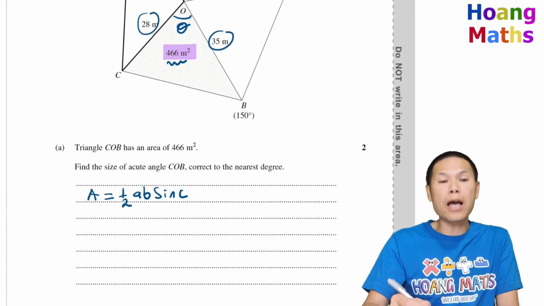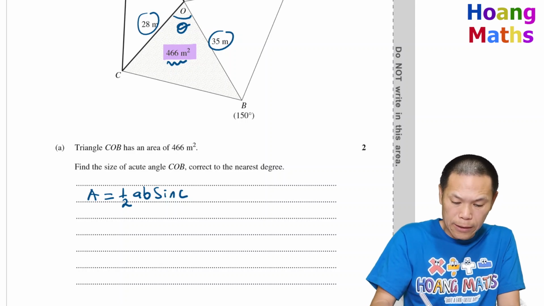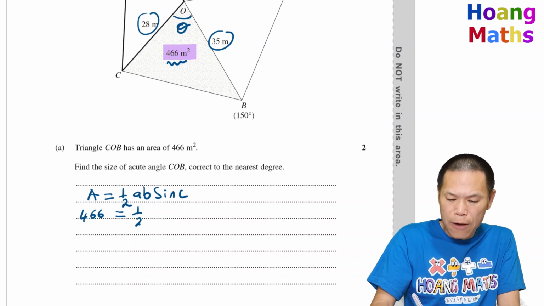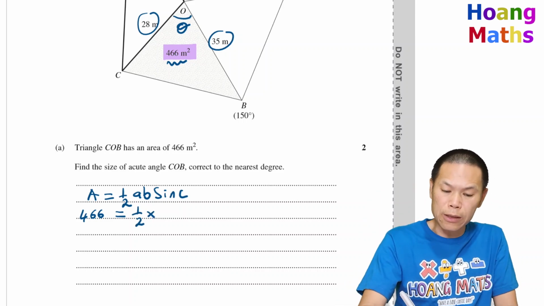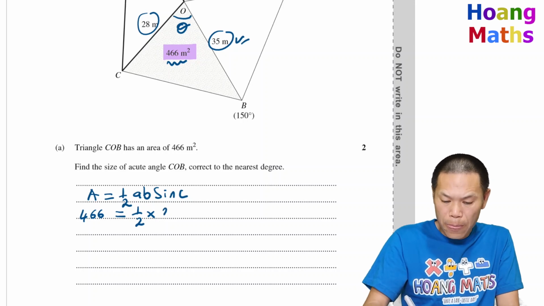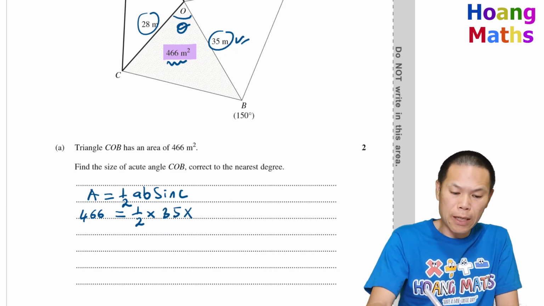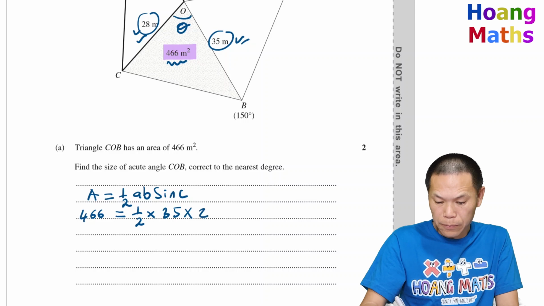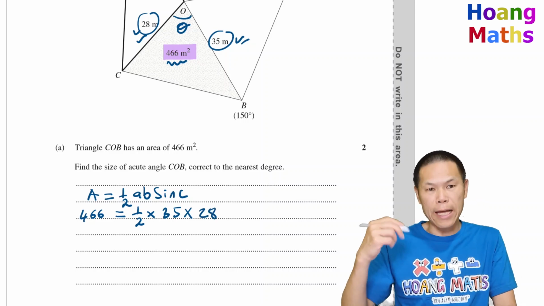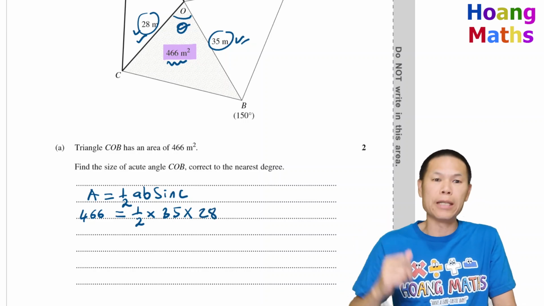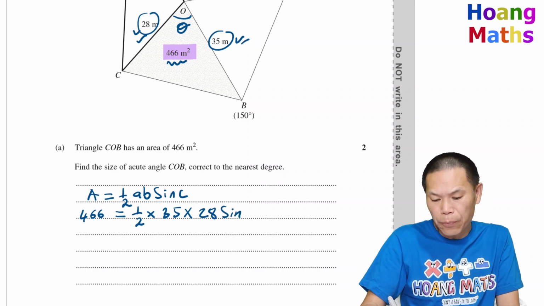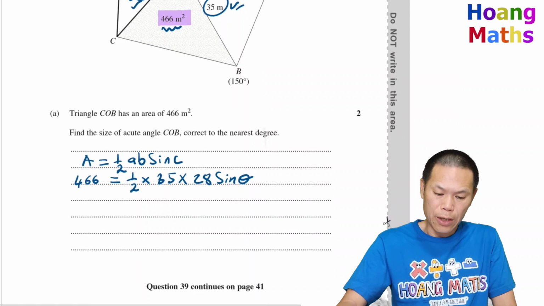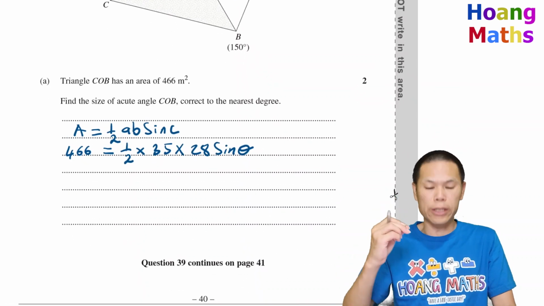So 466 equals a half times 35 times 28, it doesn't matter which one is a or b, and sine of the angle in between, that is theta. So we just need to sort this out first.